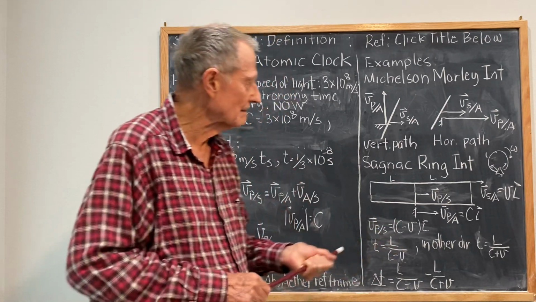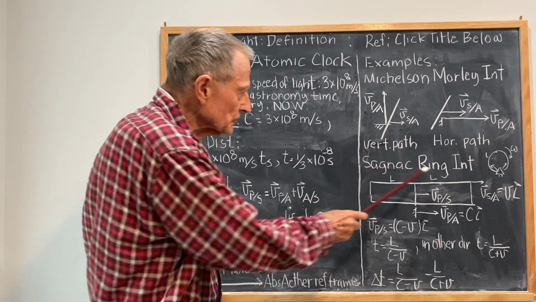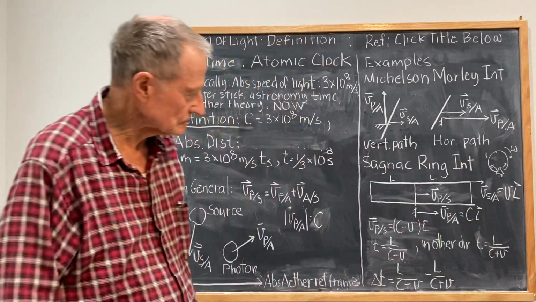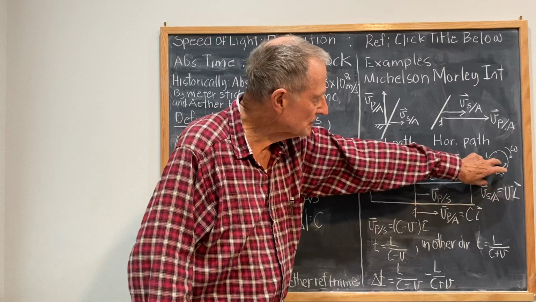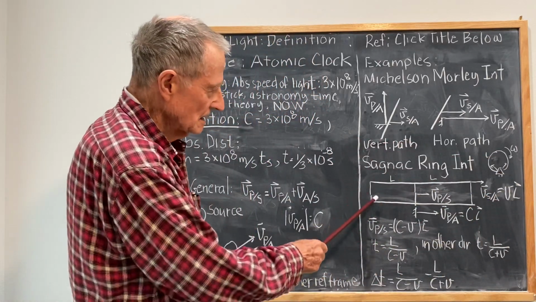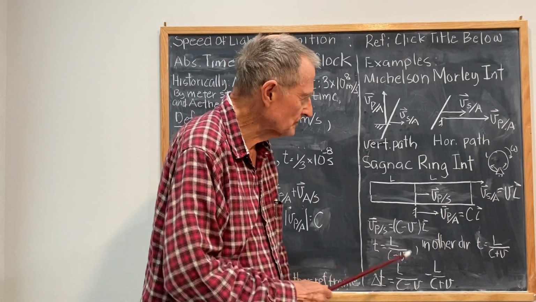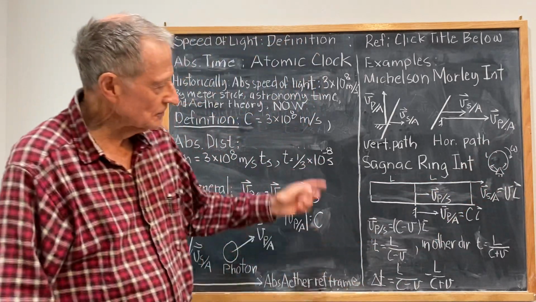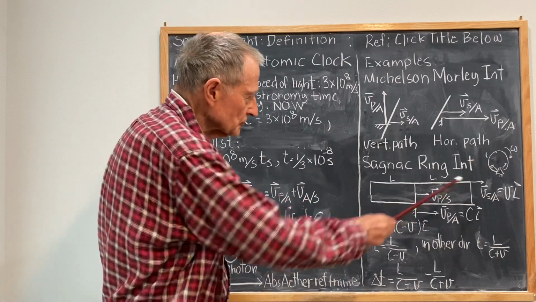and there is none. Now, for the Sagnac ring interferometer, which I've just made a sketch of here, it's easier to look at it in terms of a train, if you will, where you unwind the two circular links to make one long train.